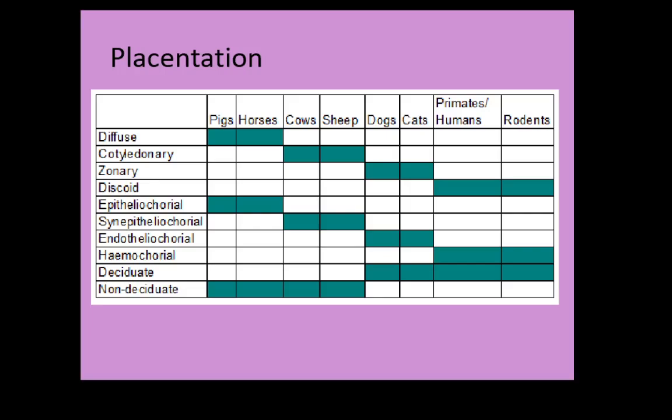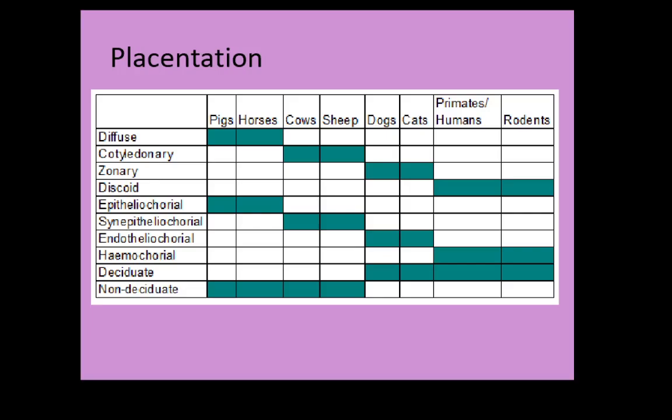Okay, if you've noticed, there is a similar pattern when it comes to epitheliochorial, synepitheliochorial, endotheliochorial, and hemochorial. First, let's start with epitheliochorial, found in pigs and horses. Synepitheliochorial in cows and sheep. Endotheliochorial in dogs and cats.